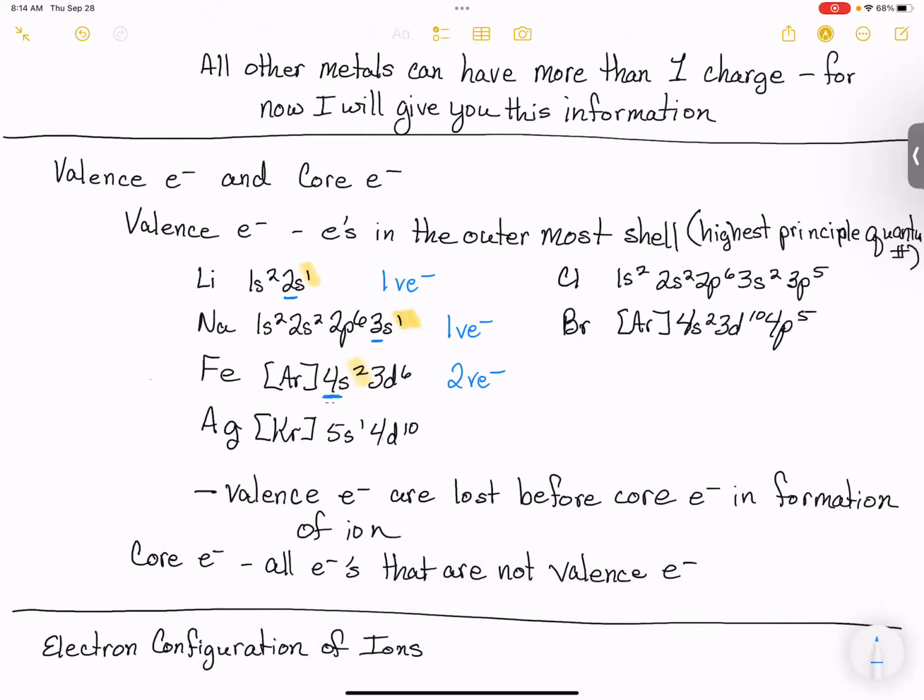The majority of your transition metals will have 2 valence electrons, because there will be 2 electrons in the s subshell that precedes the d.